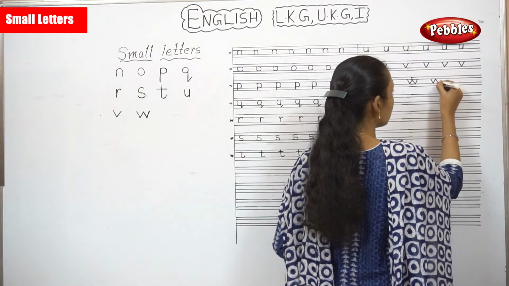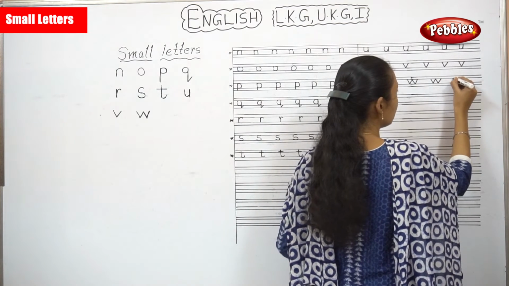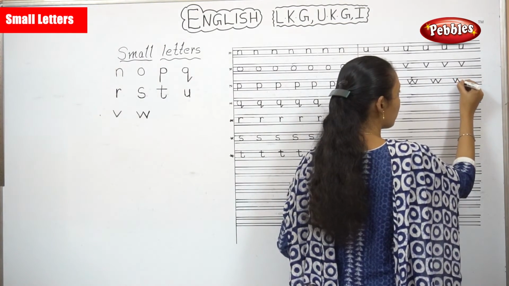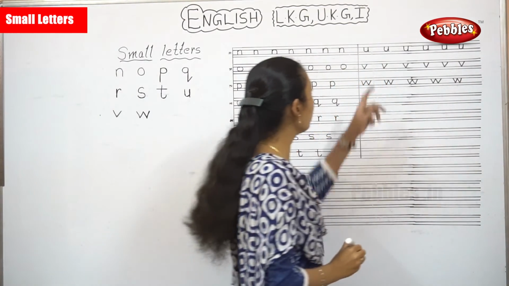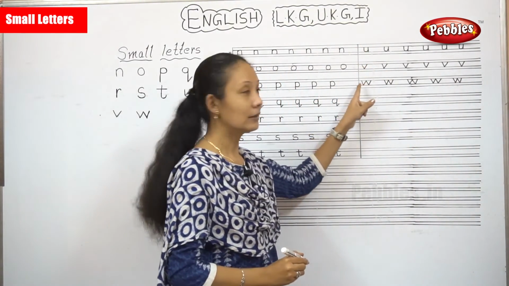Up, down and up, W. So this is your alphabet W. Now you finish U, V, W.